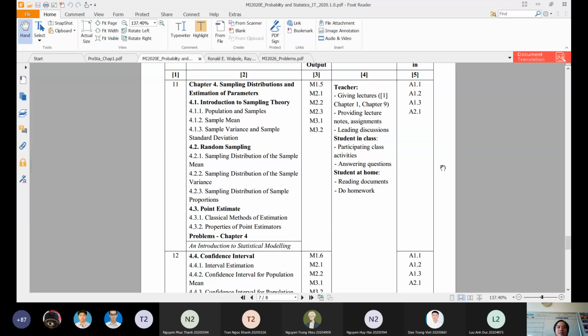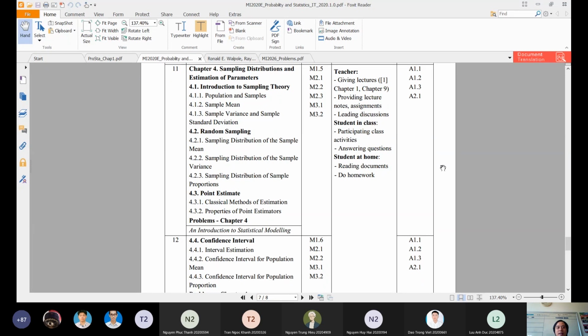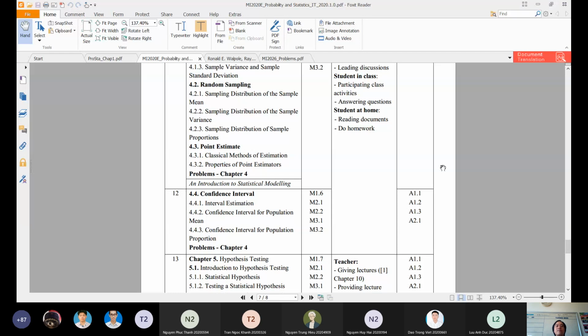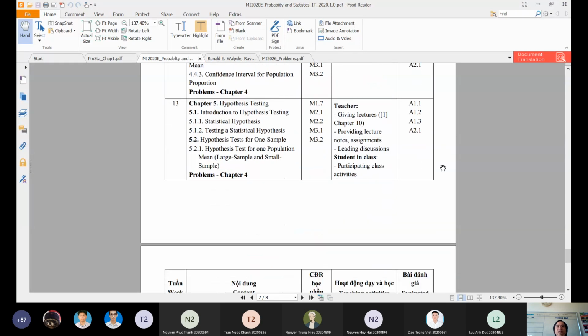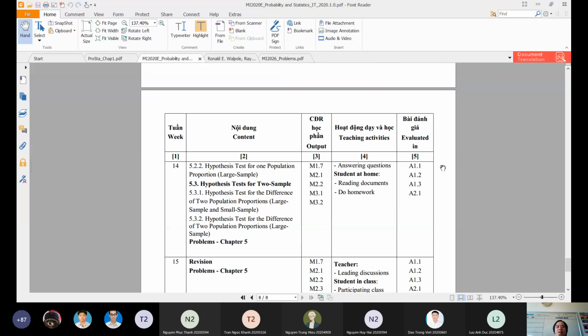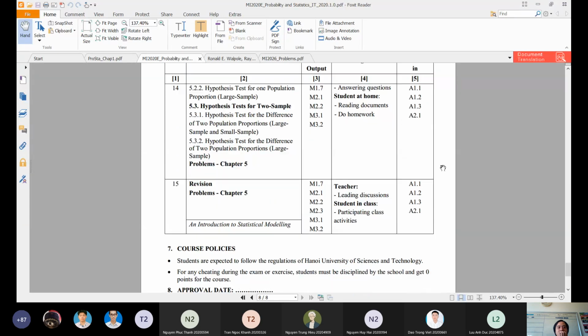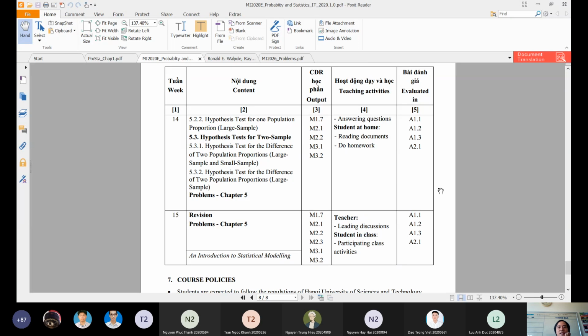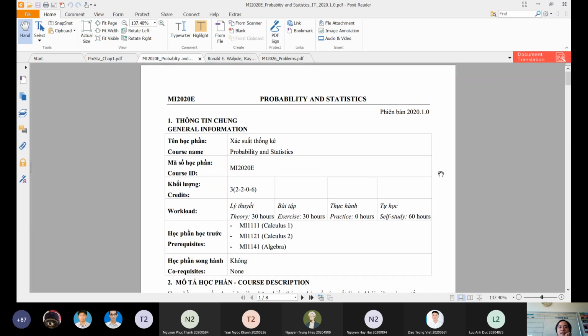And then we consider the two basic problems of statistics: the estimating problem and the hypothesis testing problem. Okay. That's our syllabus for the course.